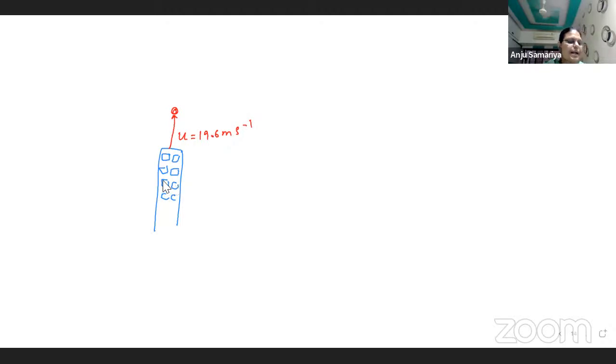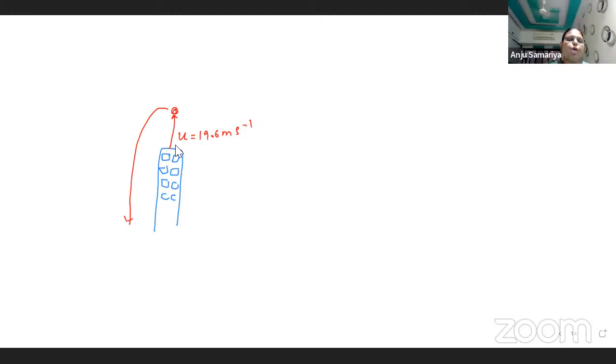If the ball reaches the ground after 5 seconds, the total time taken for the ball to go up and come down is 5 seconds. Calculate the height of the tower. Calculate the velocity of the ball on reaching the ground.